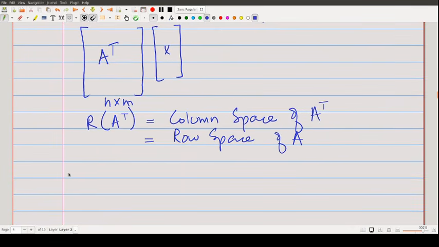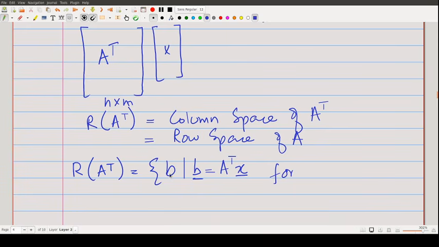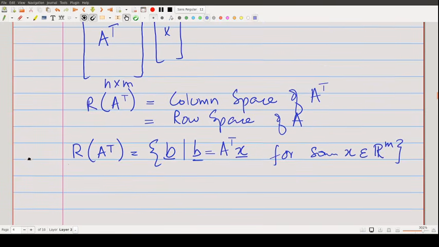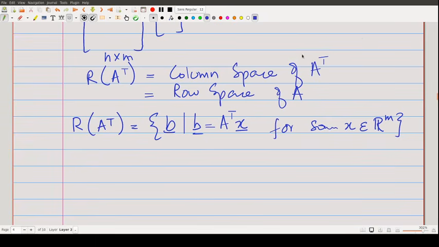So R(A^T) properly defined is simply all the vectors B such that B is equal to A transpose times X for some X in Rm now, not Rn, in Rm. Okay, and so this is the row space. So the column space of the transpose is the same as the row space of A.